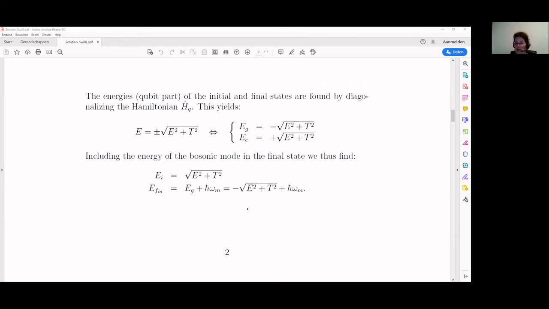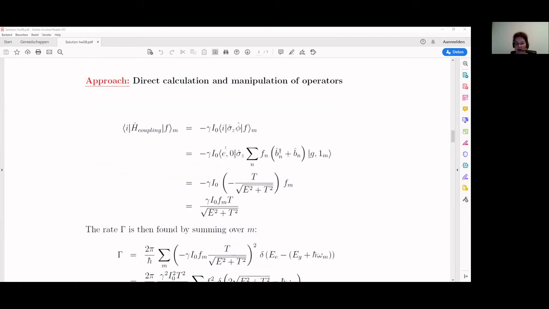I haven't shown them on my slide here. That's true. But you remember we diagonalize this 2x2 matrix, find eigenenergies, and to each of these eigenenergies, there's a corresponding eigenfunction, and that is the one that I use to obtain this result here. So this is also a 2x2 matrix, sigma z, and then it acts on a two-dimensional vector.